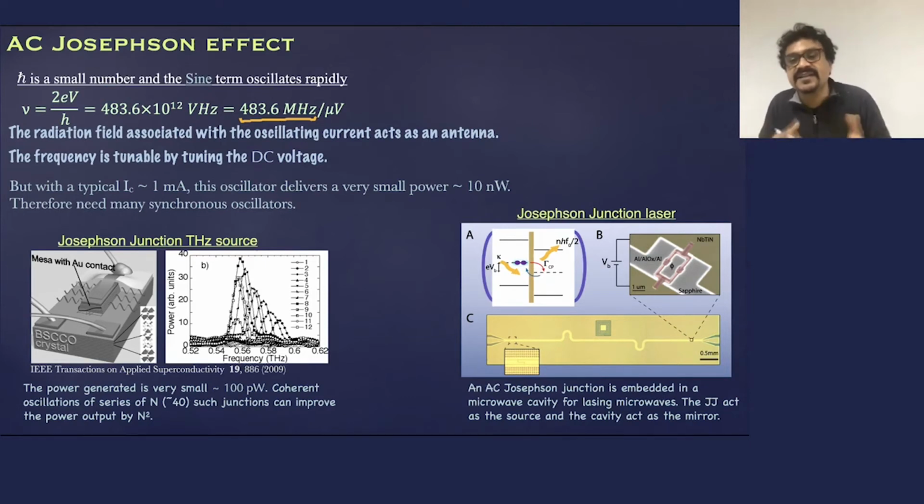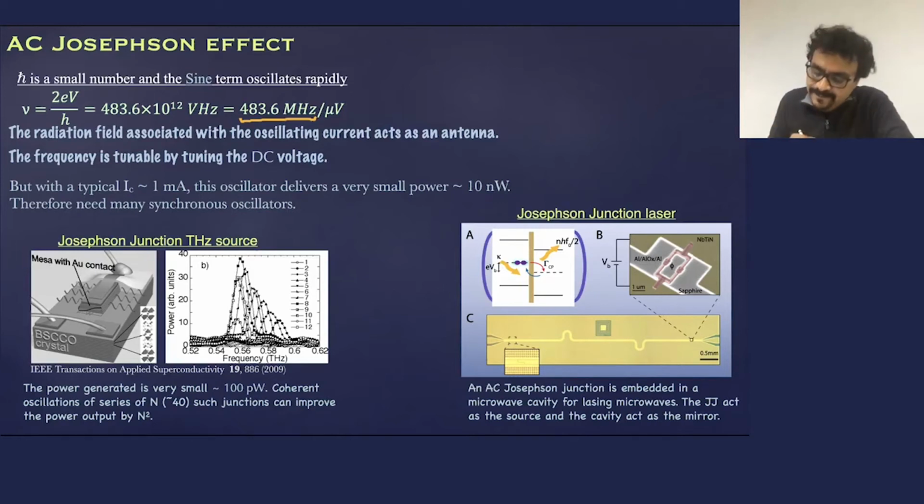So that is the lasing action there. That's what is represented here. So this cavity can act like a mirror and provide lasing action for the microwave radiation emitted by the Josephson junctions.